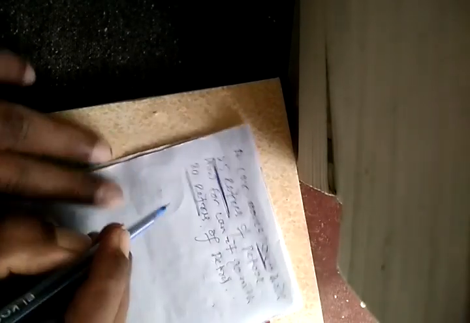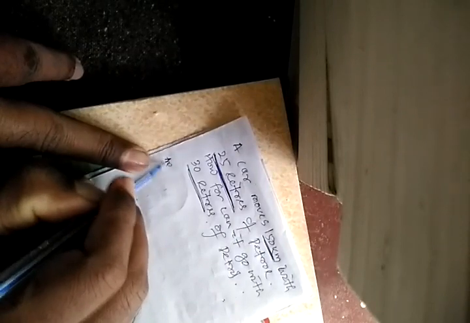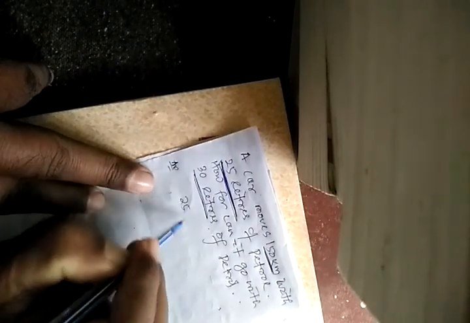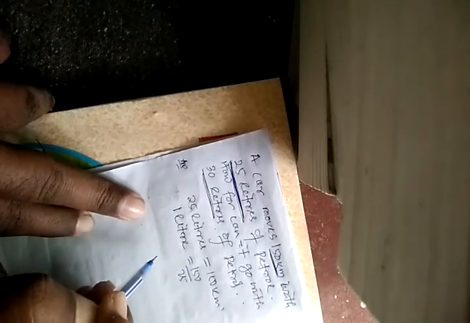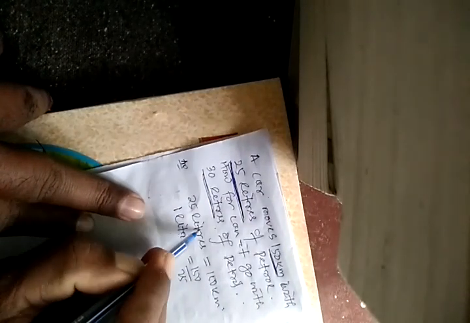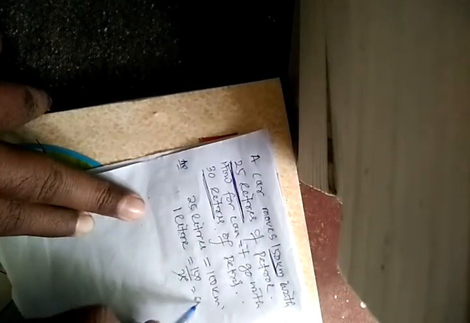From many you bring 1, then from 1 you go many. Then from 25 liters you bring 1 liter, then from 1 liter you move to 30 liters. So how to solve it? Now 25 liters is equal to 150 km. 1 liter is equal to 150 by 25. From many, when you bring 1, then you divide, that is 6 km.